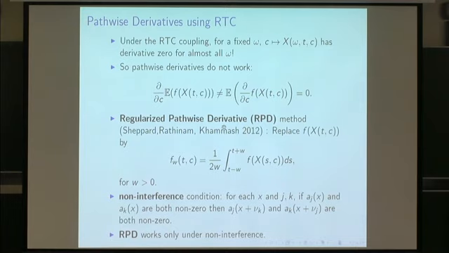If that doesn't happen, you can show this now will commute. Differentiating this and taking expectation is the same as taking expectation and differentiating. Okay. We initially thought that this was not a big deal, but it is. Most chemical reactions don't satisfy this.